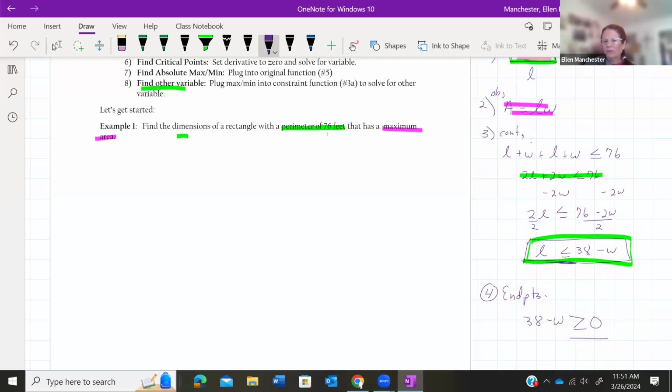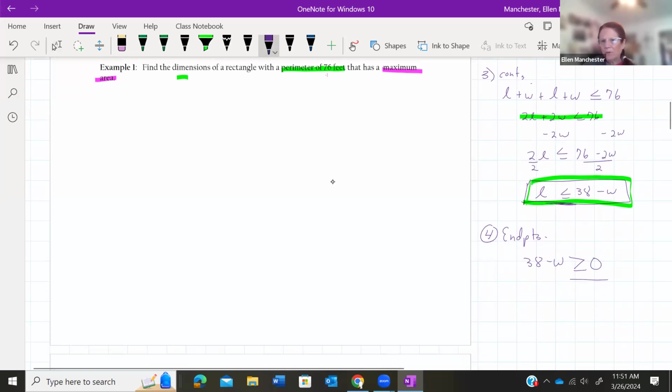Step 4 is we're just establishing what our endpoints are. How do we keep our values all positive? So I'm going to solve. I get negative W greater than or equal to negative 38. And then I have to divide by negative 1. So remember, when you divide by negative 1, you flip that sign.